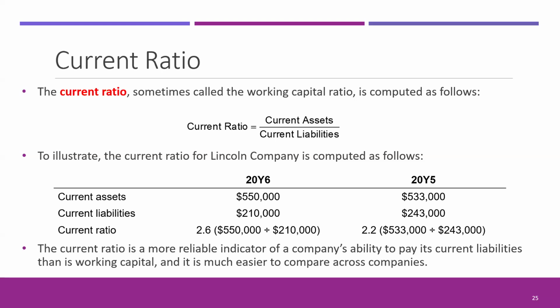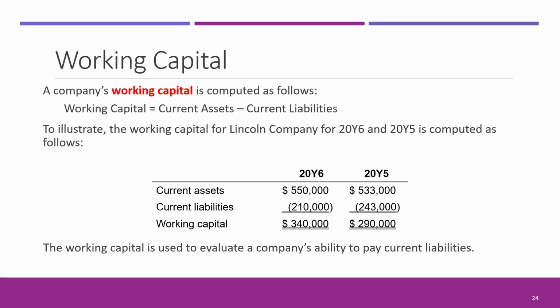So again, 2.6 compared to 2.2. The company is more liquid now than it was last year. It also has more working capital now than it did last year, which also means that, because when we did statement of cash flows last week, we computed the change in current assets and current liabilities, this change in working capital from 290,000 to 340,000 decreased operating cash flows by $50,000.